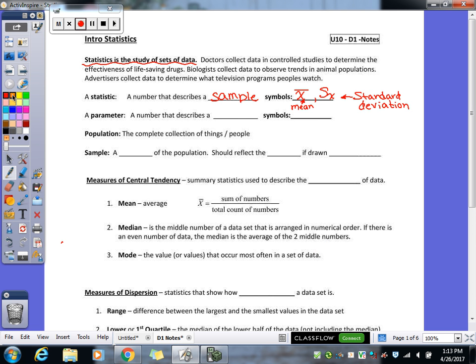A parameter, however, is a number that describes a population. So whenever you're able to look at the entire collection of data for your situation, you're looking at the full population, so your numbers are a little different. You have this little guy that looks kind of like a cursive U that we use for our mean.